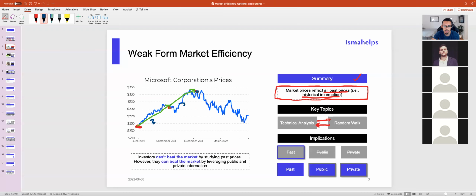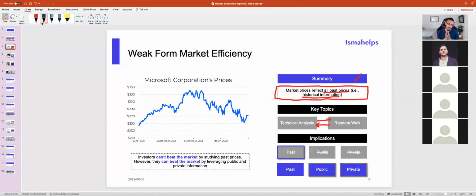Because right here, as you can see, every 3 months our stock is actually falling. So that rule does not work. Clearly, if we're looking at Microsoft's stock, technical analysts would not be winning with that type of analysis. For sure, it could be more complicated, but the general idea is looking at past prices to try to beat the market. That's what a technical analyst would do, okay?